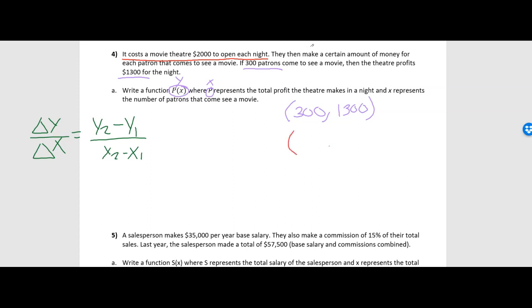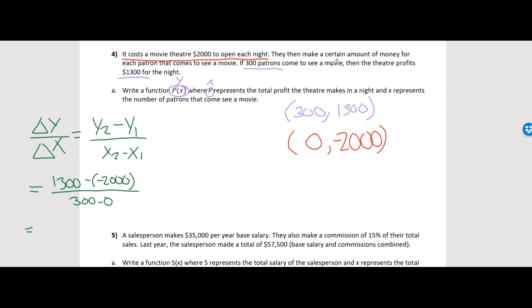Because if 0 patrons come, the theater would have to pay 2,000. They wouldn't make 2,000. So that would be another point. And all of a sudden, if we have 2 points, we can use the slope formula. So I'll do 1,300 minus negative 2,000 all over 300 minus 0.